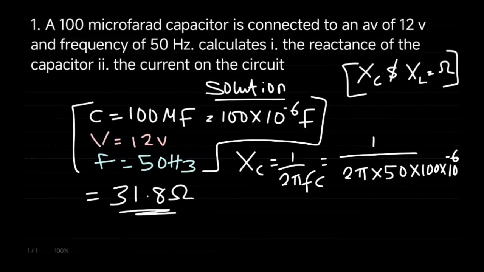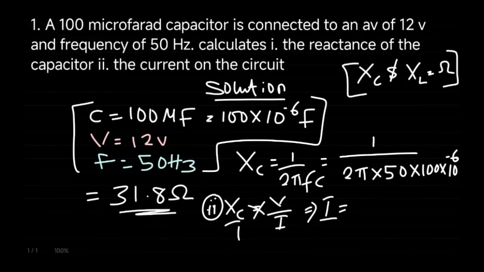The next thing we'll be looking at is solving for the current, which is II. The current, recall this equation that XC is equal to V all over I. If I cross multiply this, I'll be having I alone is equal to V all over XC.